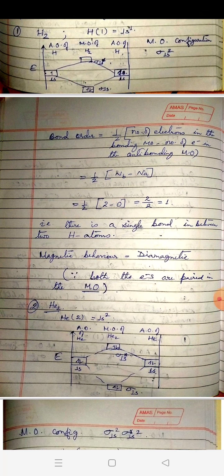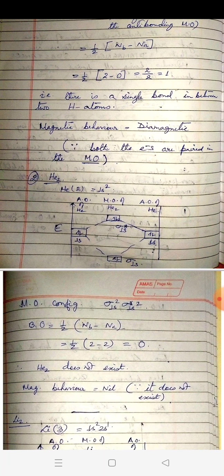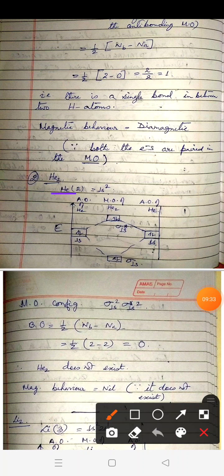Then next we move to helium, He2. To begin with, we take the helium atom. The helium atom has two electrons, so its electronic configuration is 1s2. So helium has a 1s orbital with two electrons in it.